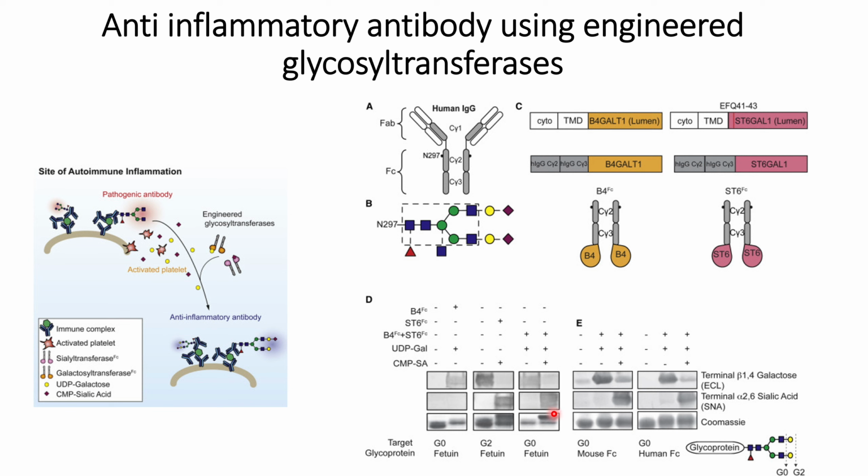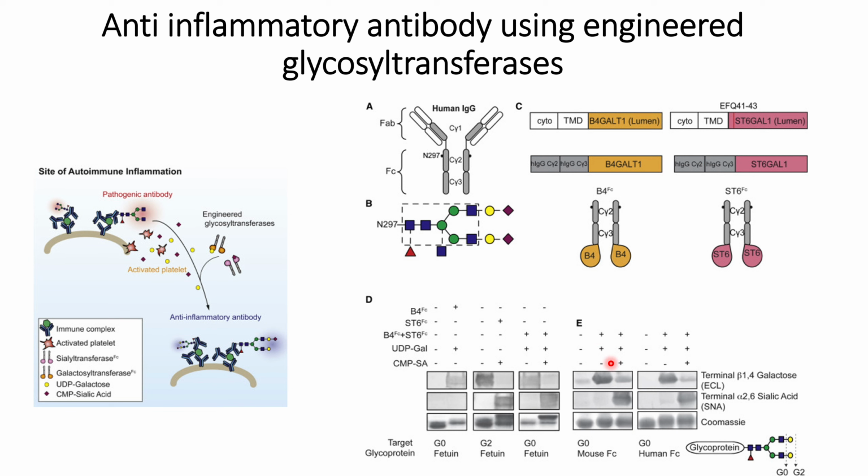They also did this experiment on the mouse model and found that mouse Fc and human Fc show similar results. With the mouse Fc and this engineered antibody, they can see the formation of terminal beta 1,4 galactose, which is checked by ECL lectin, when they added B4FC and ST6FC along with UDP-galactose.